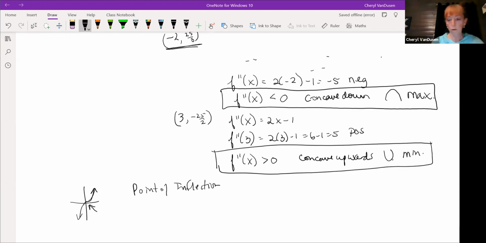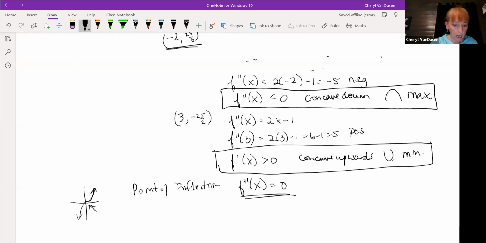That's a point of inflection, where they are going concave down and turn to concave up, or going concave up and turn to concave down. We find those by finding where the second derivative is equal to 0. Points of inflection happen when the second derivative is equal to 0. And that's all I'm going to say there.